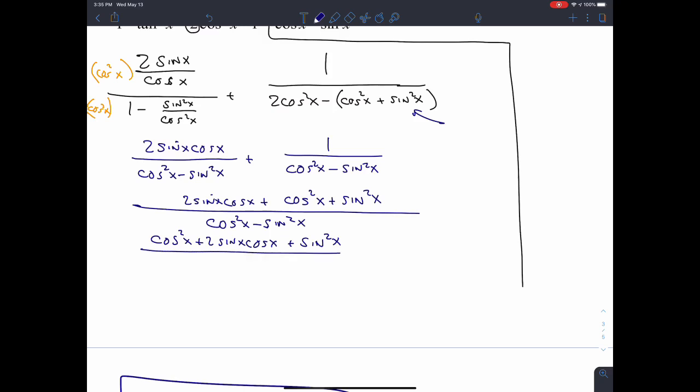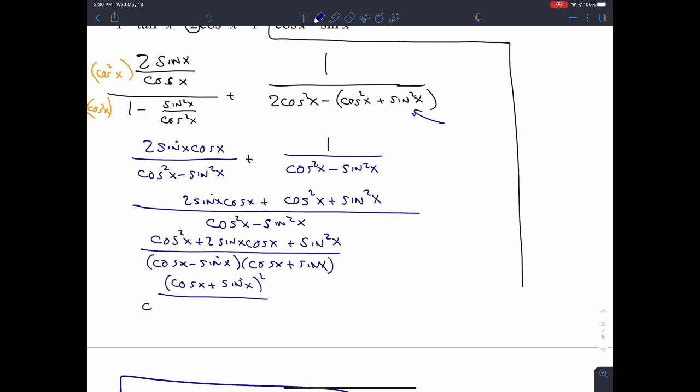hey, let's go ahead and factor this denominator, shall we? That would be a nice idea. Cosine x minus sine x, cosine x plus sine x. And look at that numerator. Isn't that beautiful? That also factors to cosine x plus sine x times itself, or squared.